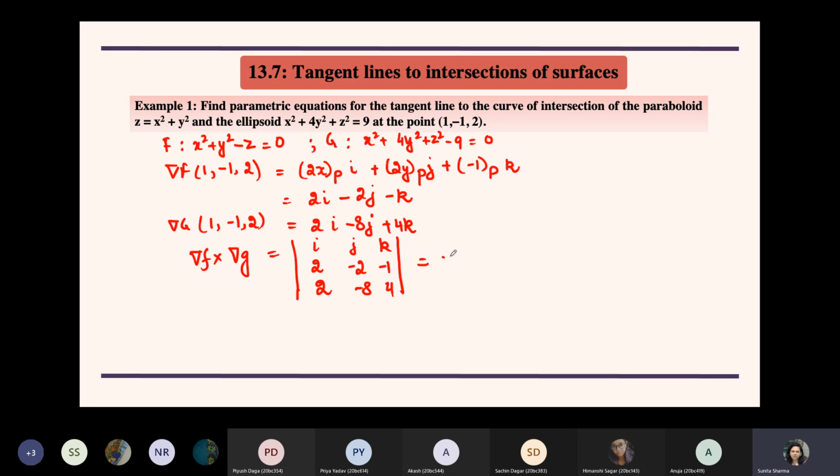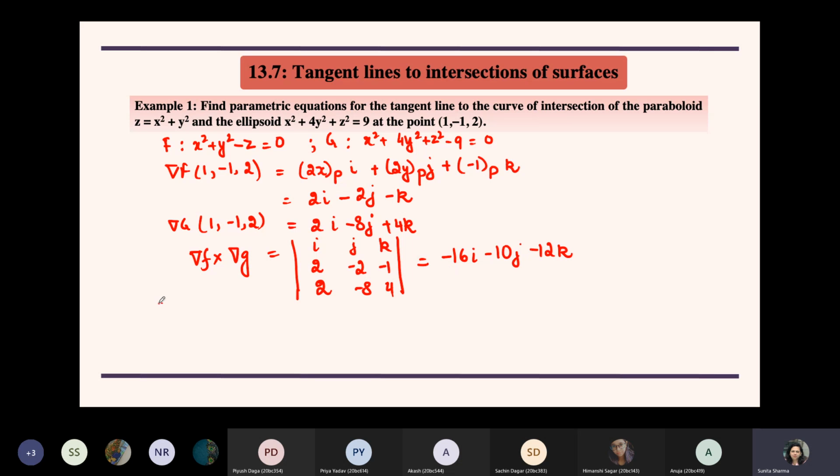This is what you get finally. Please verify this also side by side. This is an exercise question, so you will get the final answer from there, but in between steps you can check your calculation work.